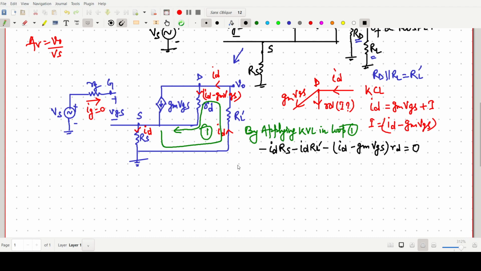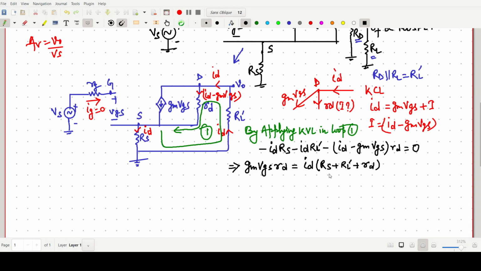Once again, one can also write this by keeping ID RS on the right hand side. We can write gm VGS RD equals, keeping common ID, RS plus RL dash, then again plus RD.